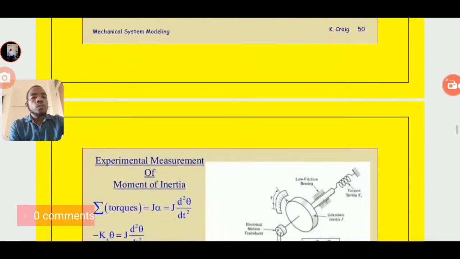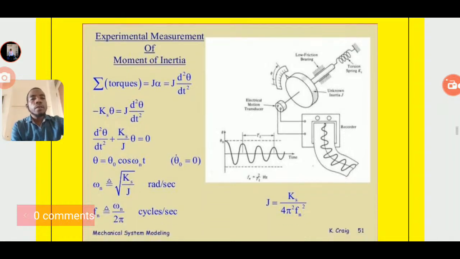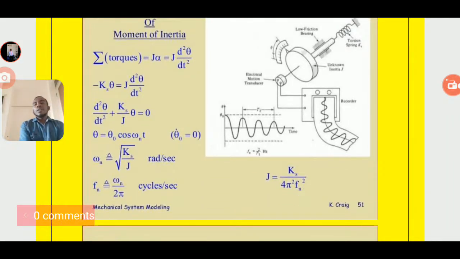How? You can do it like this, the experimental measurement of the moment of inertia. The summation of torque is equal to J alpha, which is J times d squared theta over dt squared, the second derivative of the angular displacement. Which is equal to minus ks theta equals J d squared theta over dt squared, so d squared theta over dt squared plus ks over J theta is equal to 0.